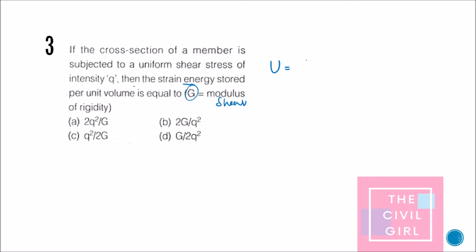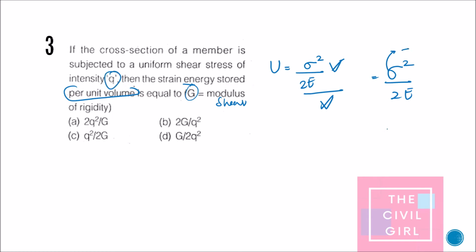In the previous videos we have seen that it is equal to sigma square divided by 2E into V. They have asked for per unit volume, so I'm going to divide it by V. It gets cancelled: sigma square divided by 2E. They have given shear stress, denoted by Q, so this becomes Q square divided by 2. Since it is shear stress, this becomes shear modulus, which is G. So my answer is option C.